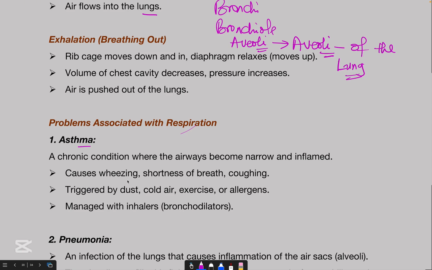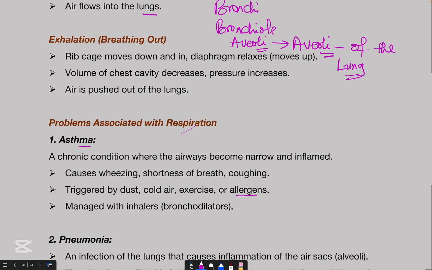It causes wheezing. You hear that wheezing, shortness of breath, coughing, and it can be triggered by dust, cold air, exercise, or allergens like pollen. Then managed with inhalers, bronchodilators, and other different things used to manage asthma, drugs used for asthma.